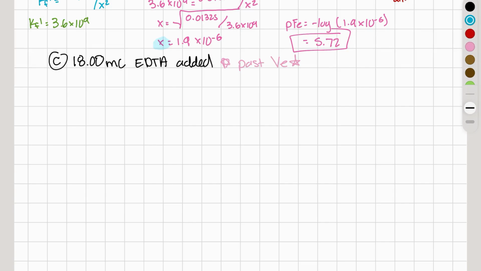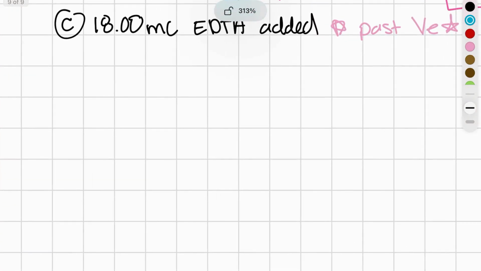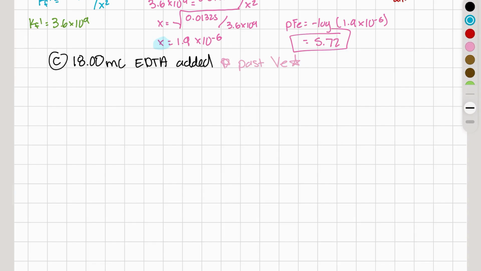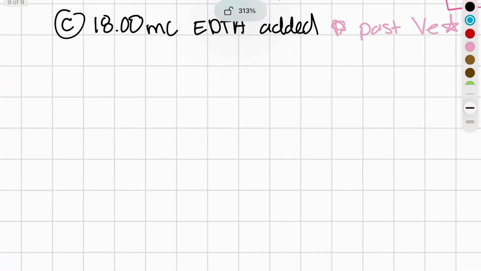We're going to use that similar Kf expression, but let's write out what this looks like currently. So if we have Fe2+ and EDTA gives me FeY2-, that stays the same.